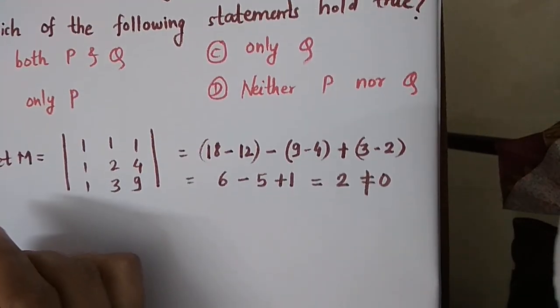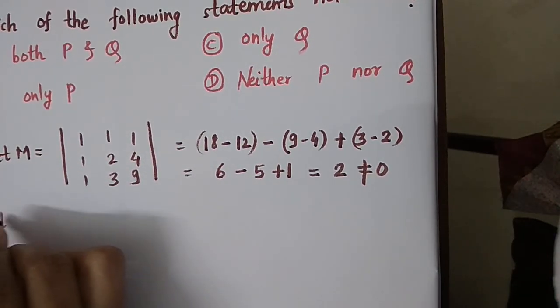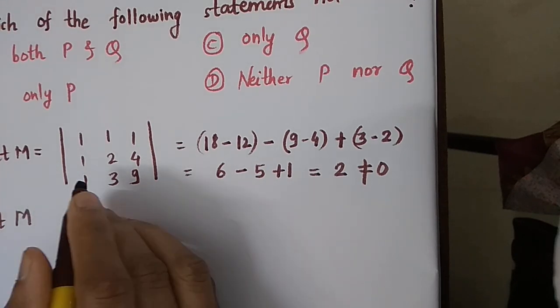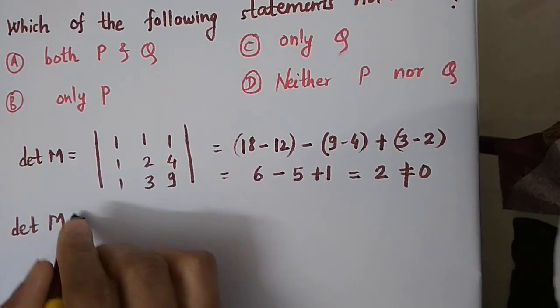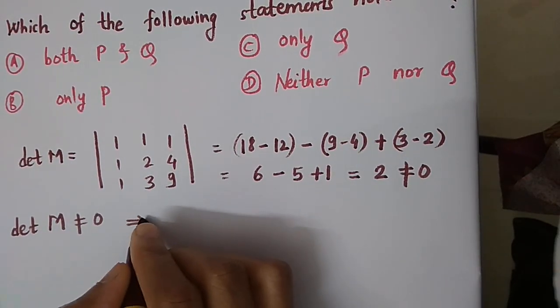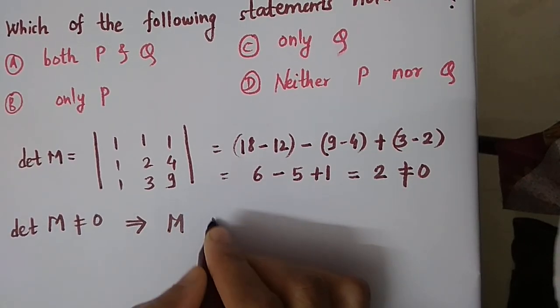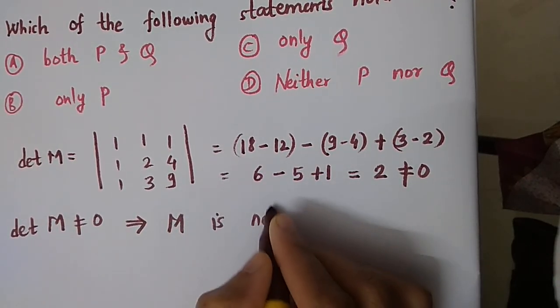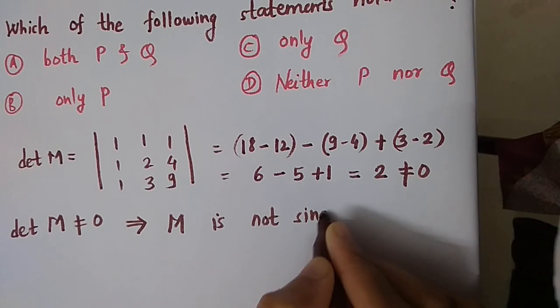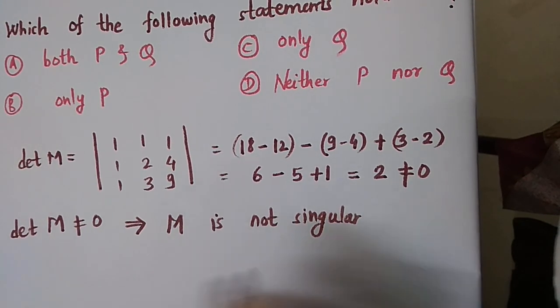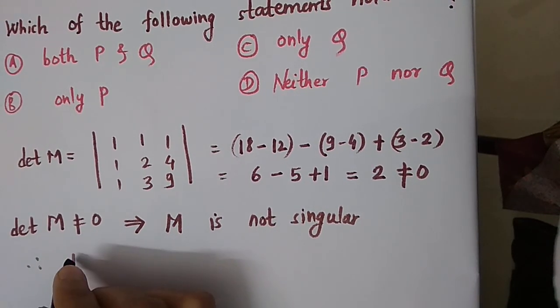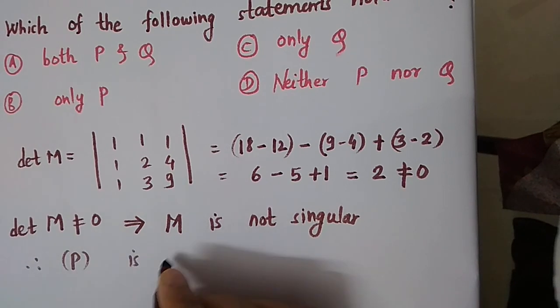So the determinant of M is not equal to 0. This implies M is not singular. Therefore, statement P is false.